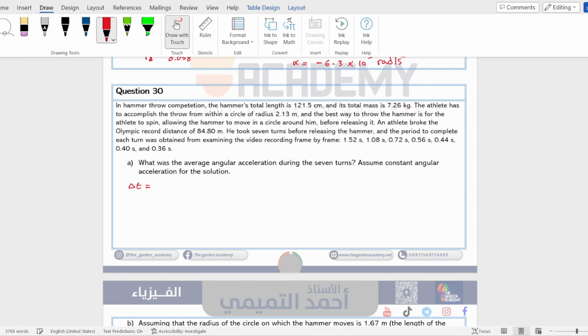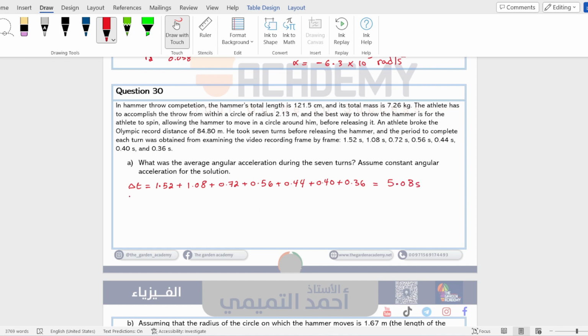Delta t is equal to 1.52 plus 1.08 plus 0.72 plus 0.56 plus 0.44 plus 0.40 plus 0.36, and the answer is 5.08 seconds. This is delta t.